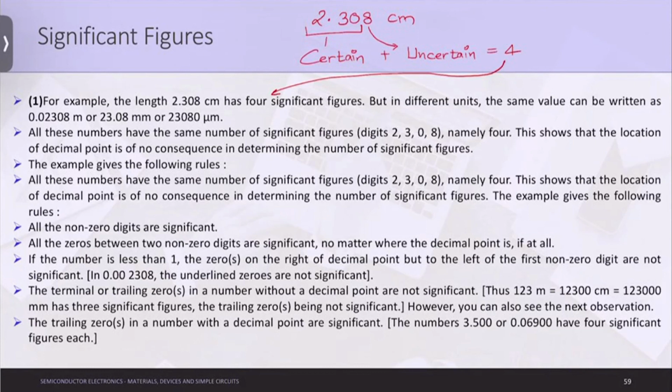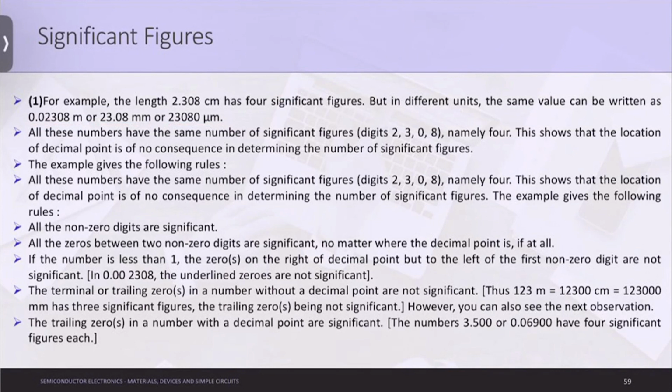Next thing is, in different units, the same value can be written as 0.02308 meters or 23.08 mm or 23080 micrometers. I think there is no confusion in how these came, right? We should remember simply that 1 centimeter is equal to 1 upon 100 meters.